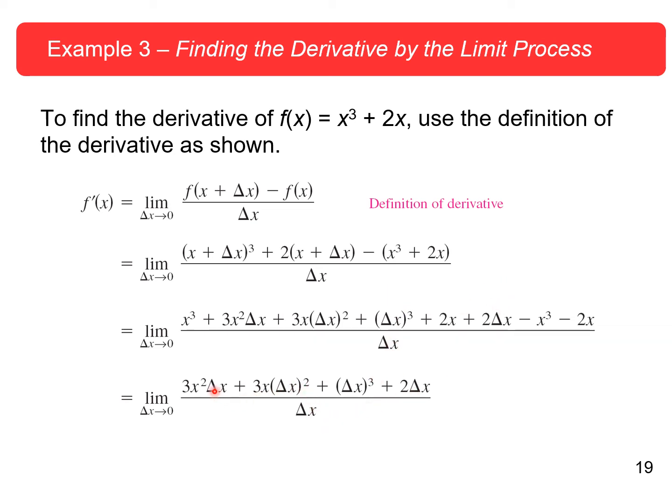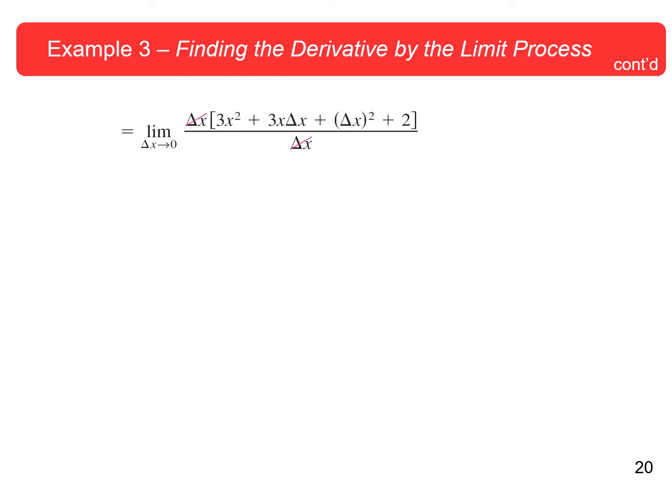And then also notice that delta x is a common factor in the numerator. So therefore, you just have to factor out delta x and then cancel the common factor delta x from the numerator and denominator. Then after that, you just have to take the limit of this expression here.